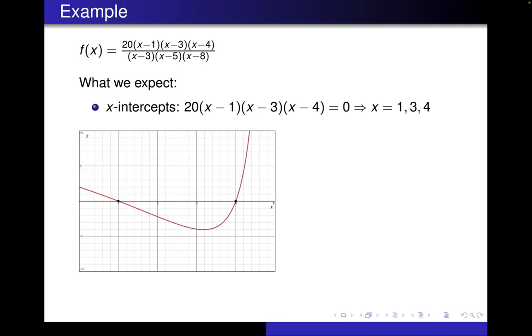I have to zoom in because it's really hard to tell from the zoomed-out position. But when you get really close, we do get x equals 1 and x equals 4, but again, that darn x equals 3 is missing. Now that I think of it, our expectations for x equals 3 appeared in both the asymptote and the x-intercept, which might be where we're having our trouble. In any case, we do get x equals 1 and x equals 4.